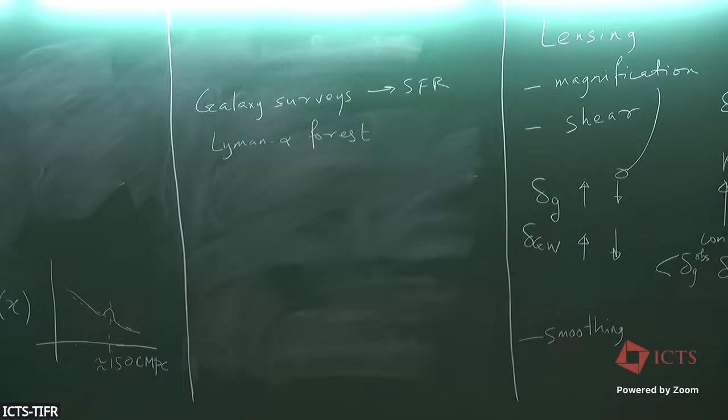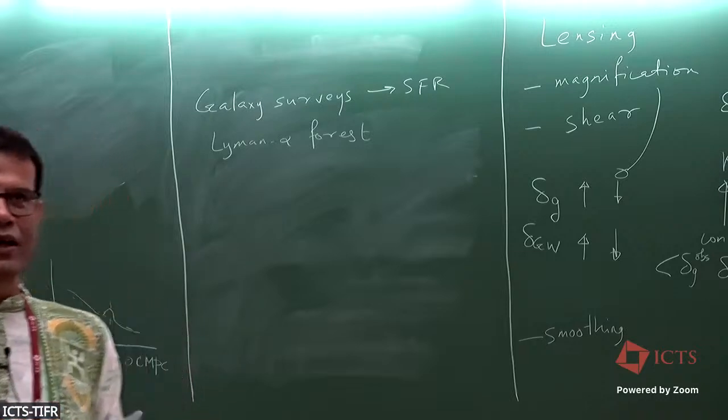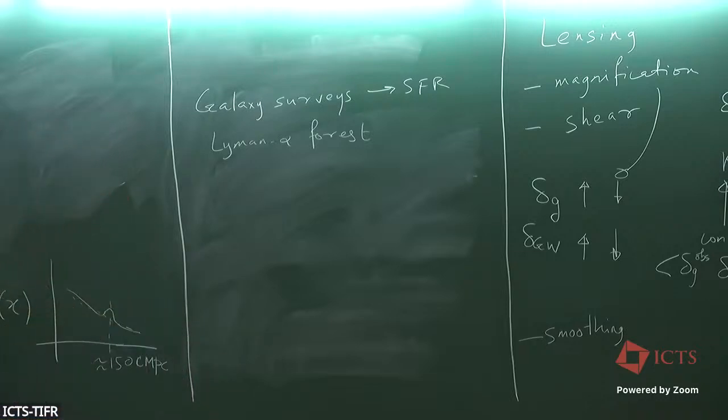So I don't want to start the next thing. Let me just stop here today. We have saved some time in today's lecture. Tomorrow what I will try to give you is a flavor of some examples of what research is being done in gravitational wave cosmology, particularly using this two-point correlation function and power spectra, and how people are planning to use them to do various things.